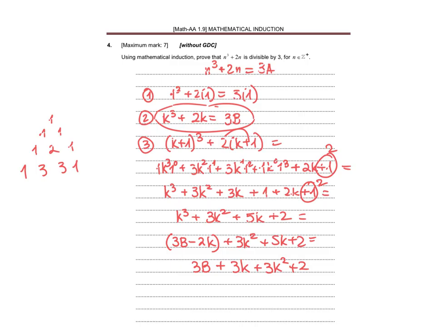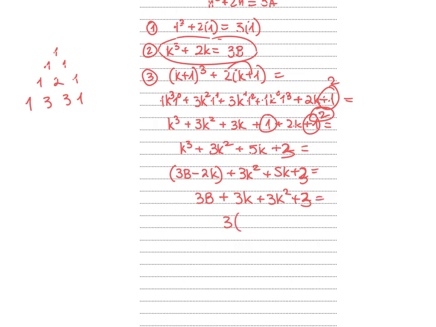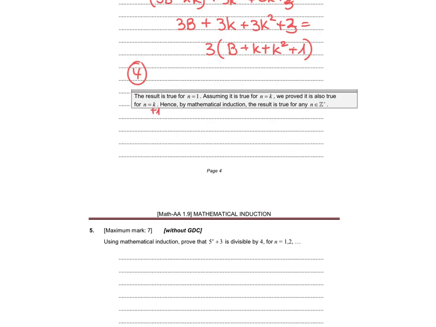So then this 2 and this 1 is going to be 3 here. That's 3 and that's 3. Okay, so at least we know what we're looking for. And here we can factor out a 3 so that we have that this is a multiple of 3. Okay, so then we can say our final step. Don't forget step number 4.